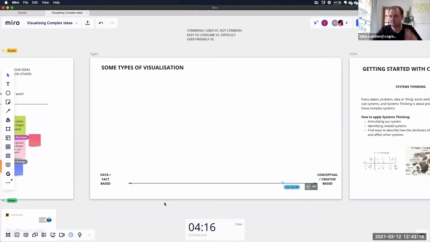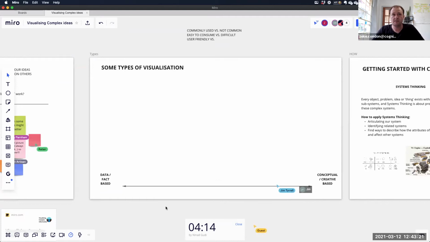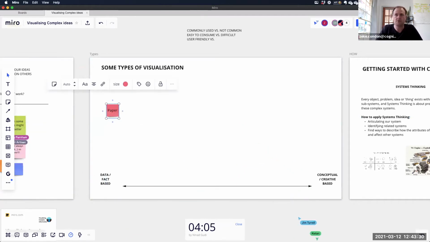Cool. So I want you guys now to move over to the next slide. Thanks, Jim, for putting that back where it should go. Now, we've spoken through some of the types of visualizations so far. I'm going to write down paper prototype.